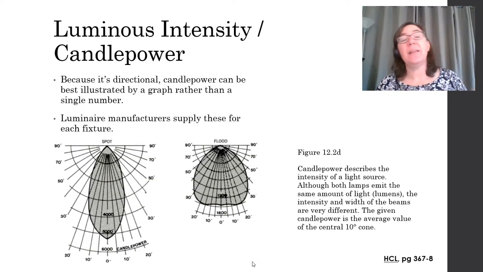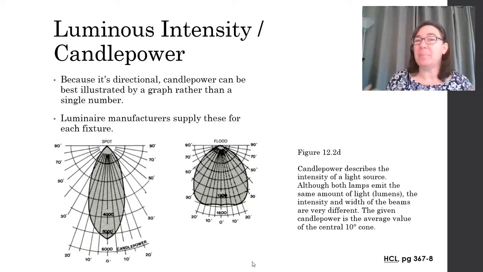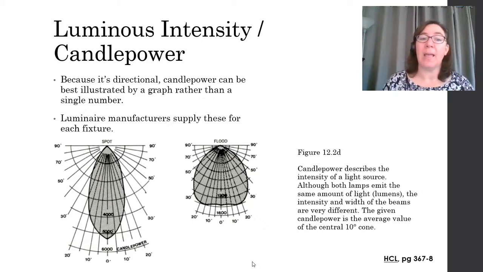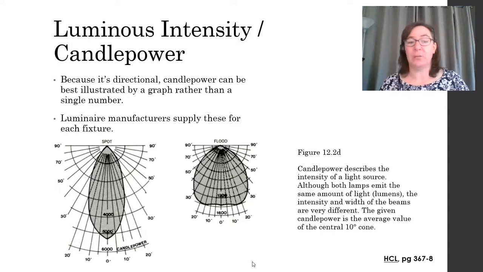Now, because it's directional, candle power is better illustrated by a graph than a single number. The last slide showed you a single number, but it's different depending on which angle. And so the luminaire manufacturers typically will supply these candle power graphs for each fixture.